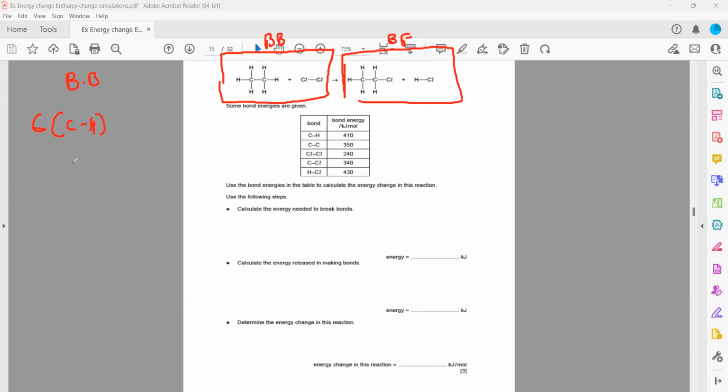Then there is a carbon-carbon single bond. So 6 C-H, so it will be 6 into C-H bond energy, which is 410. So 6 into 410. Then there is the carbon-carbon single bond, 350.